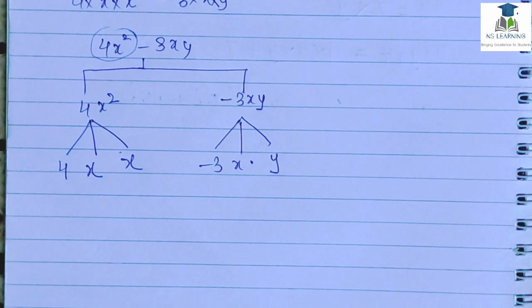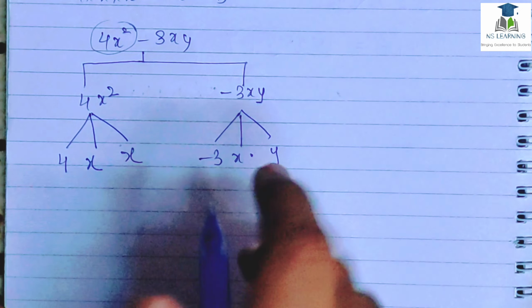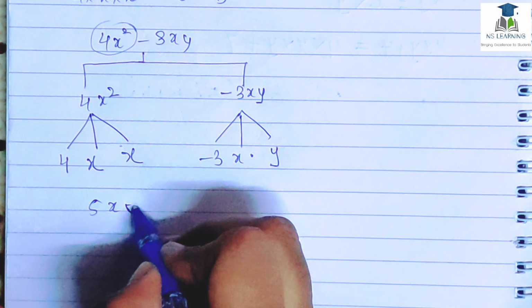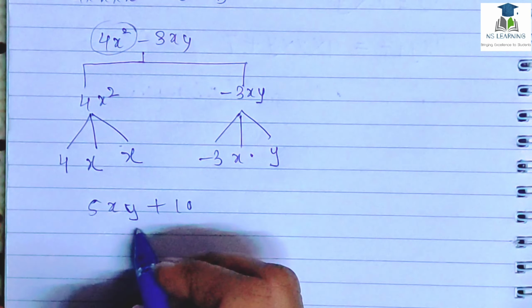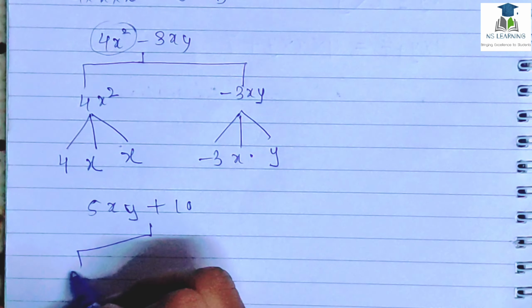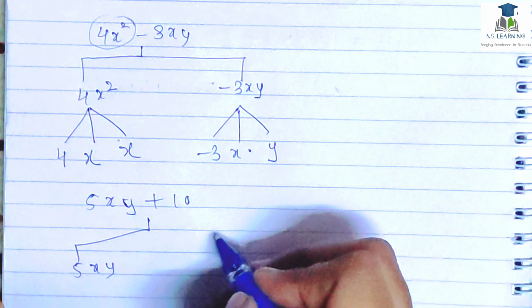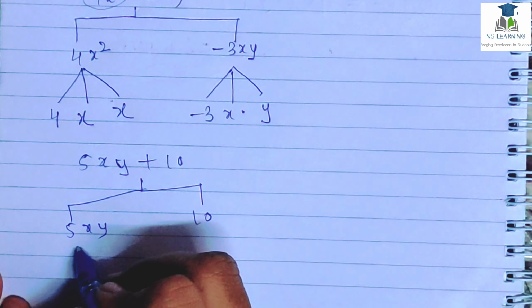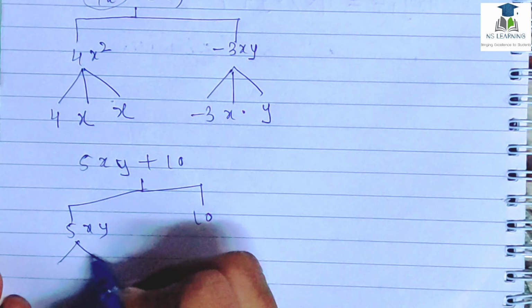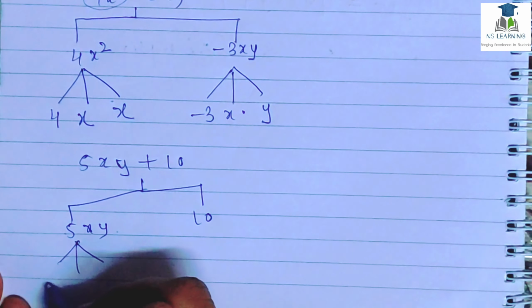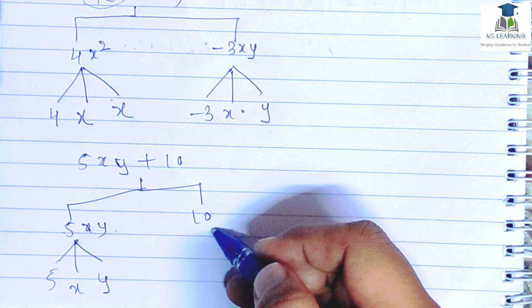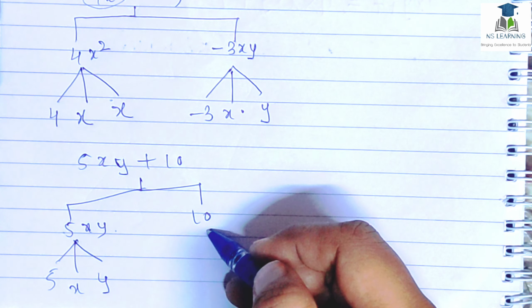Similarly, we can take more examples. The example is 5xy plus 10, and the first term is 5xy and the second term is 10. The first term has three factors, 5, x and y, and the second term has only one constant term.